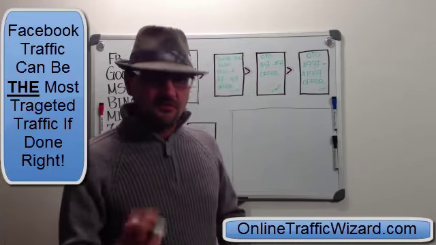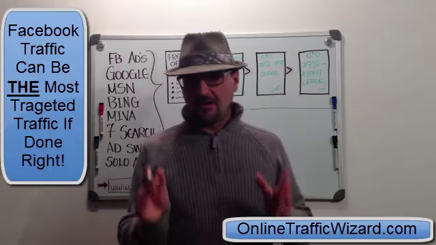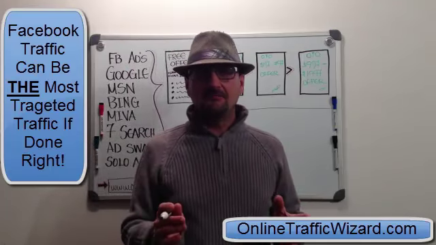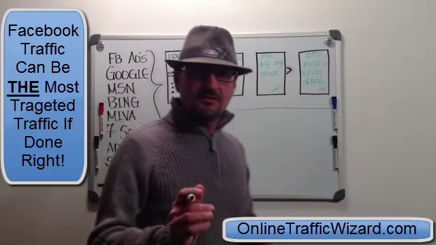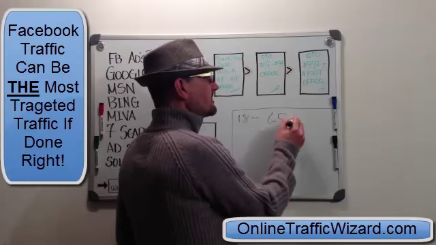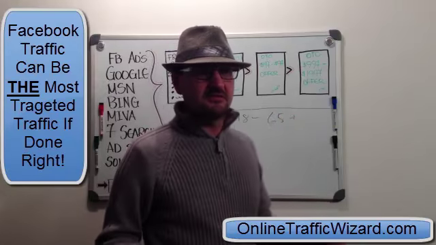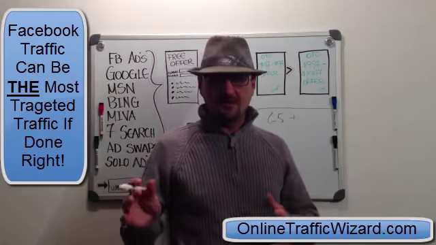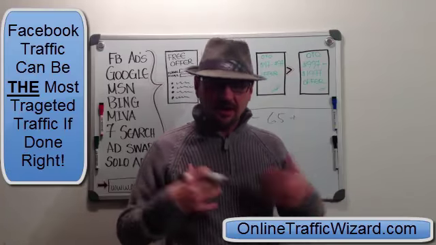So the first thing I do when I set up an ad, I always target from 18 to 65. You can do a lot of research and you might be able to cut that down pretty quick, but I like to do my own.